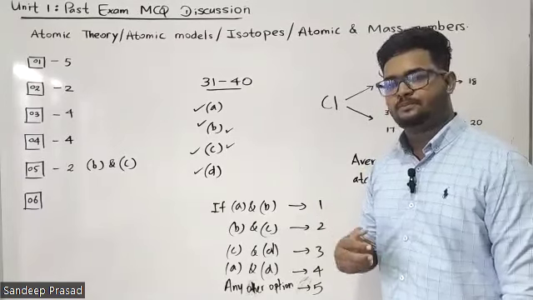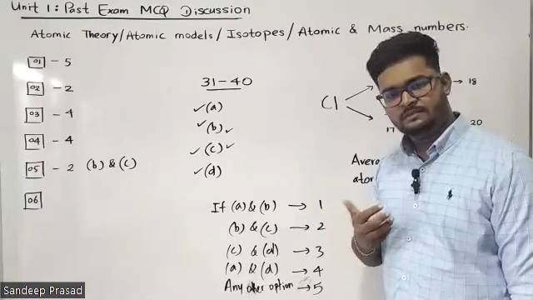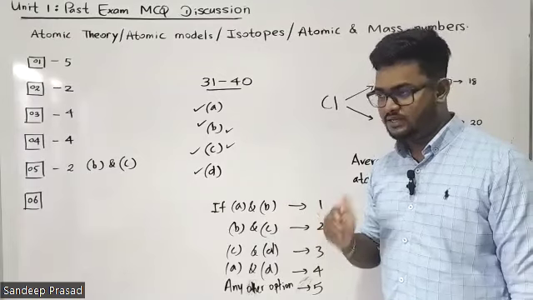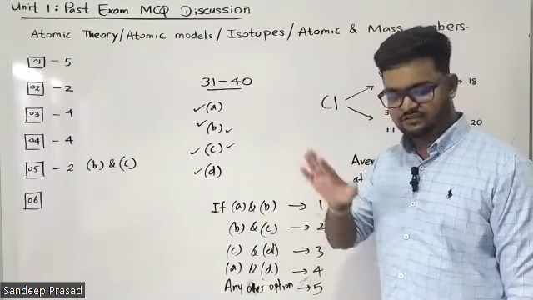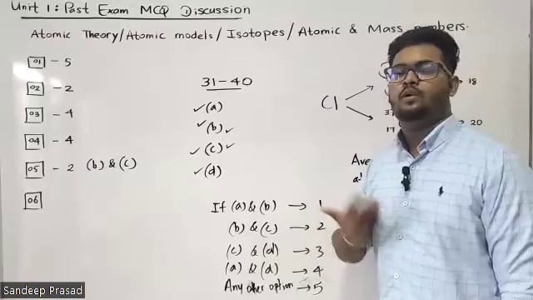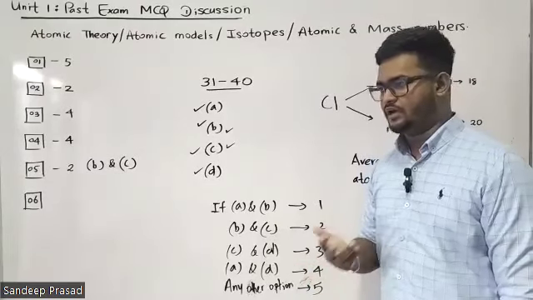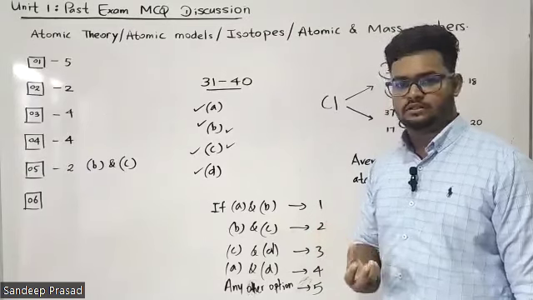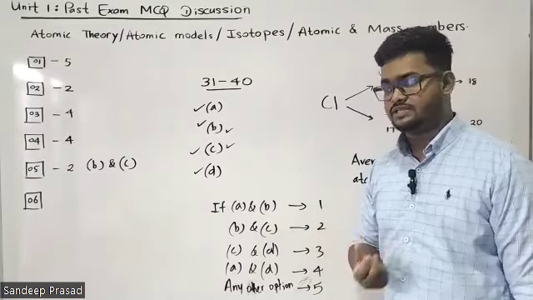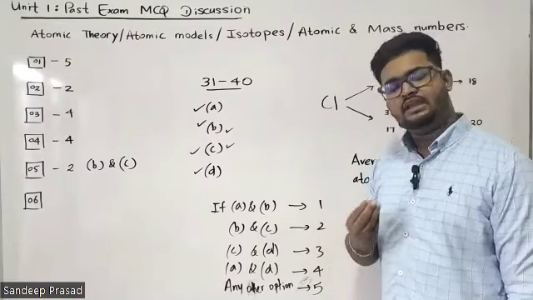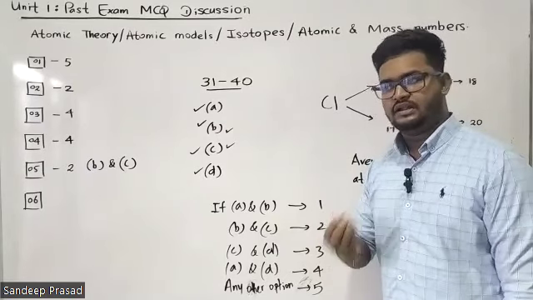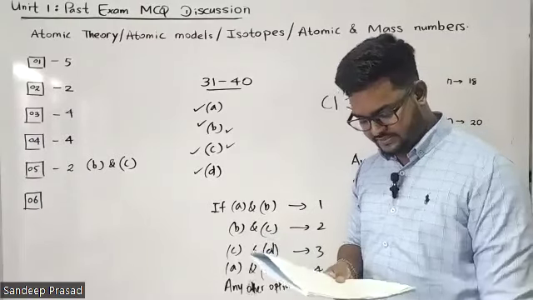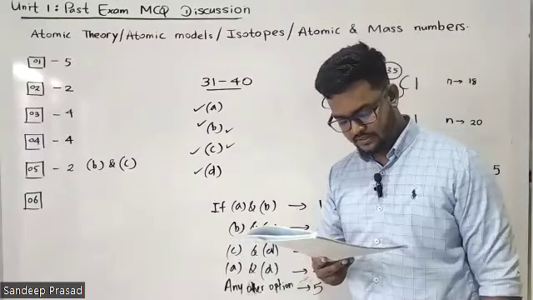Because alpha particles are positively charged, when they meet the positive atomic nucleus, they will repel. That's why alpha particles are deflected with large angles or small angles. So we can say that Rutherford's atomic model is sometimes known as the nucleus model, because the main idea given in the Rutherford model is the atomic nucleus, right? So that statement is correct.